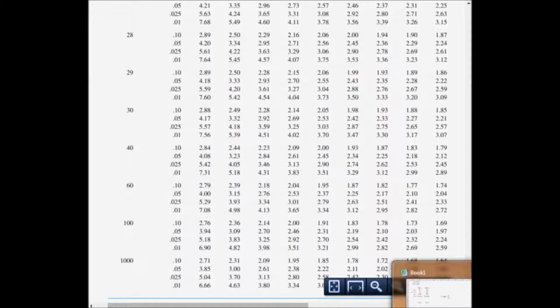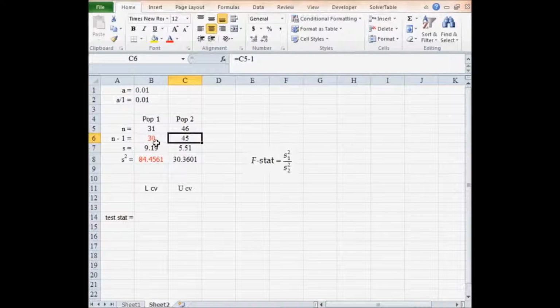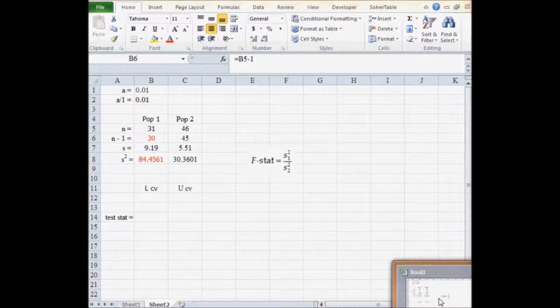We don't have a row 45. So instead of doing that, we're going to go to the F distribution calculator on my website. So denominator degrees of freedom is 45. 0.01 is the alpha level, and then the numerator degrees of freedom is 30. So 30, 45, and 0.01.